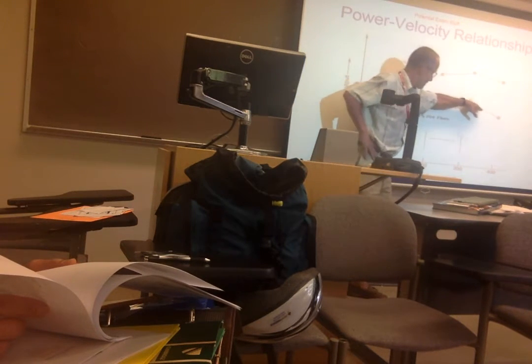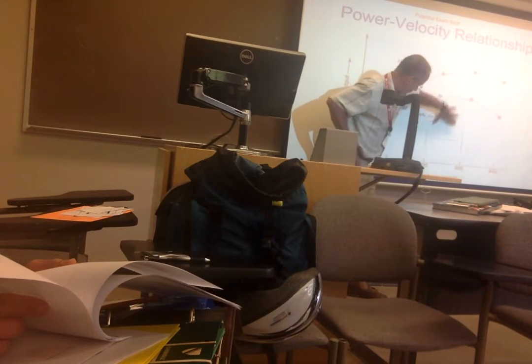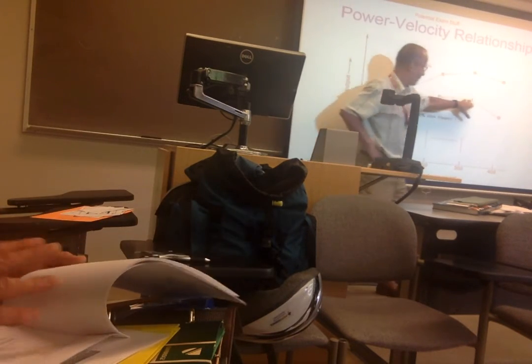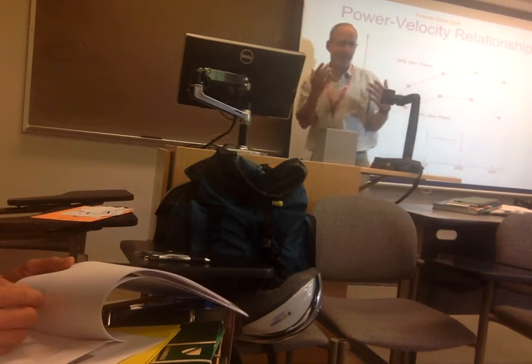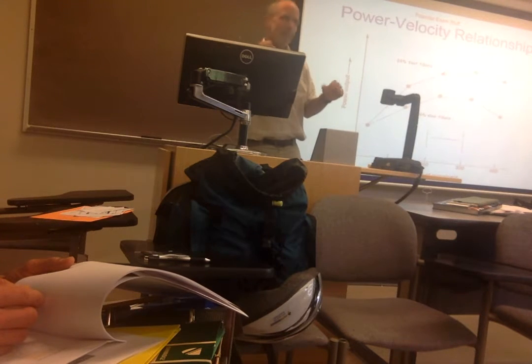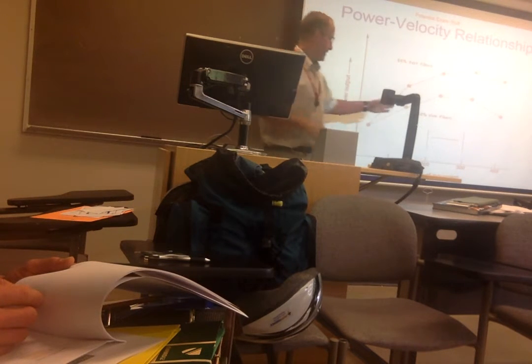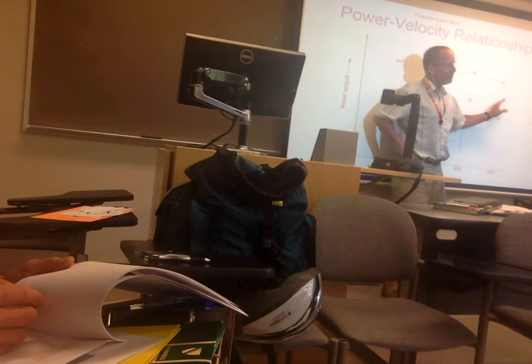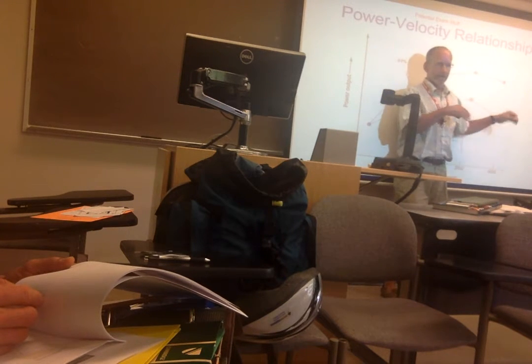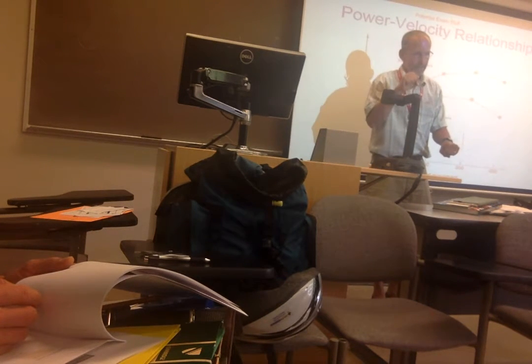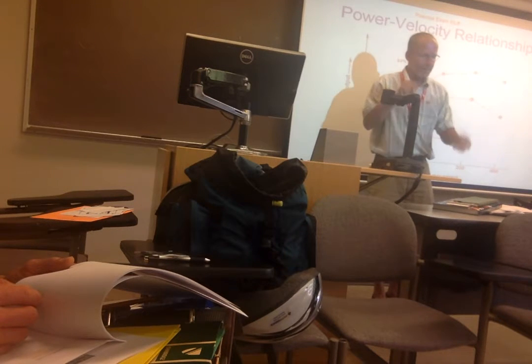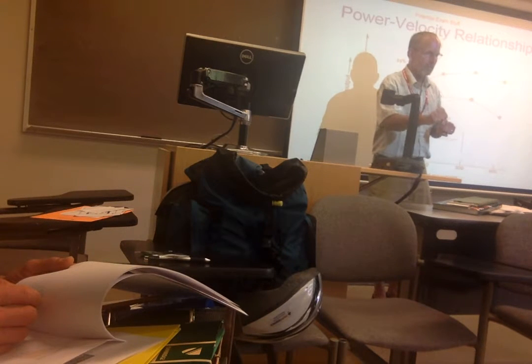And then at some point, it says there's an optimal speed of movement. If I'm going too fast, you can't generate enough tension. The best way I can explain it is, imagine I'm on a cycle going slow.